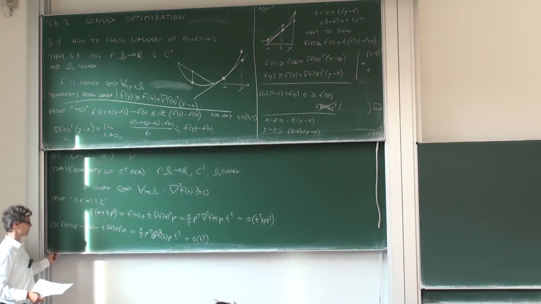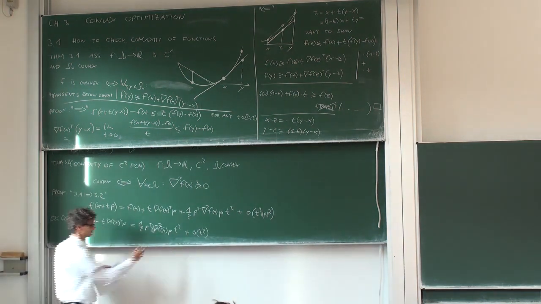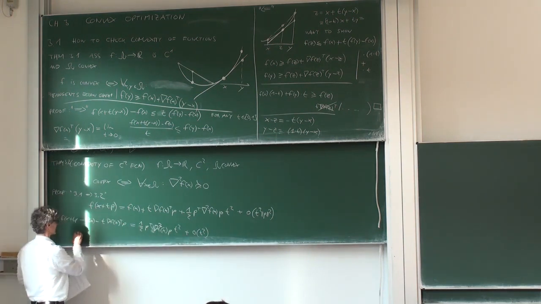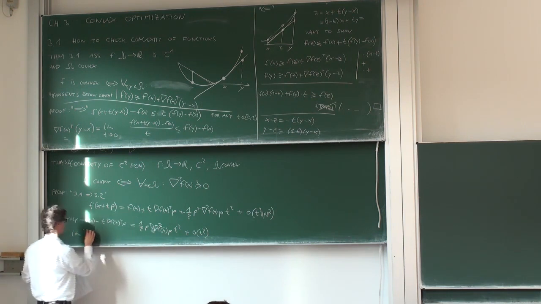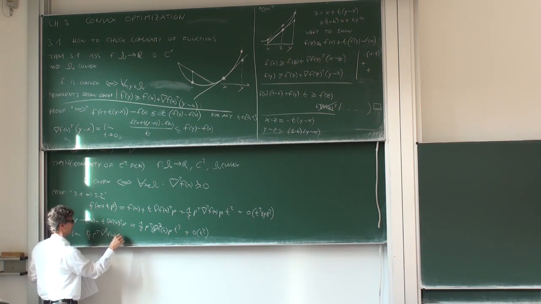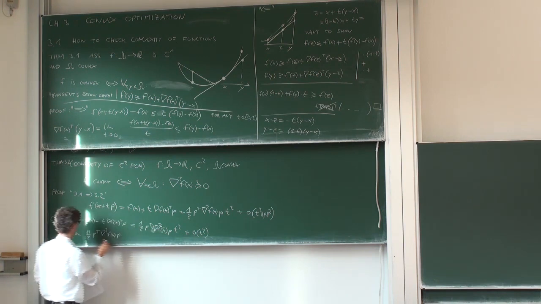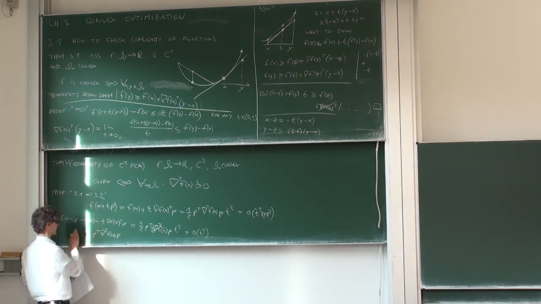And then we can take the limit by dividing by t squared. So we see that the limit of this whole thing divided by t squared gives 1/2 p transpose the Hessian at x times p, with t squared divided by t squared, plus this little o, but this little o will go to 0, so I don't even need to write it down.